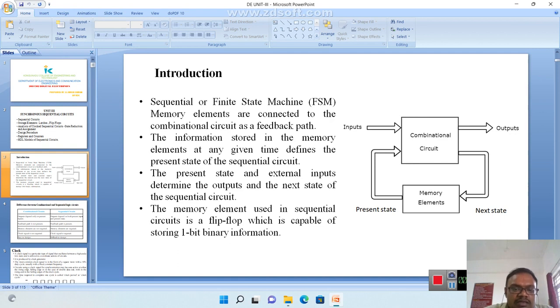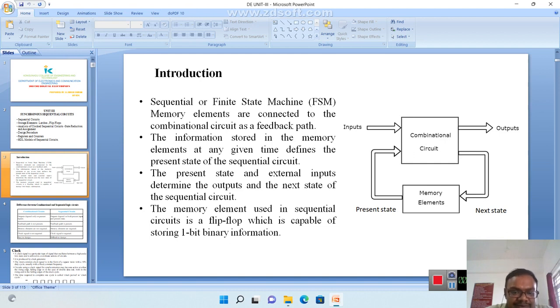The second point: the information stored in the memory elements at any given time defines the present state of the sequential circuit. Please underline that. The third point: the present state and the external input determine the output and the next state of the sequential circuit.